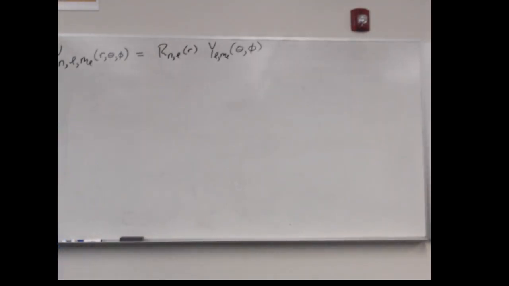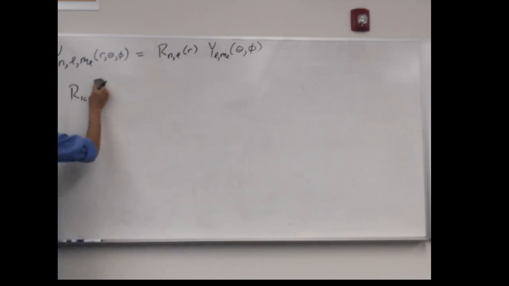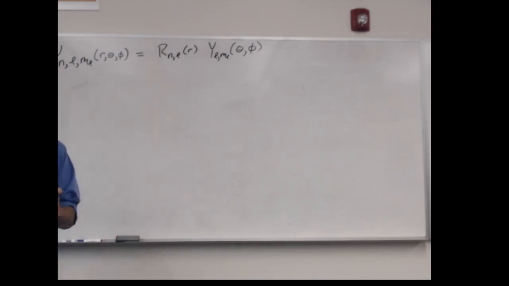To relate this to things that may be familiar, when we start writing down these functions, we start giving them names. So if we have a psi 100 of r, theta, phi, let me write this in three different bits. I'm going to switch colors to make it dramatic too.